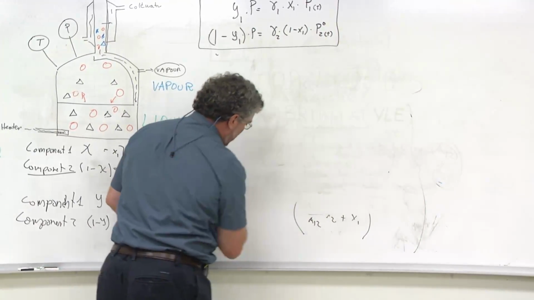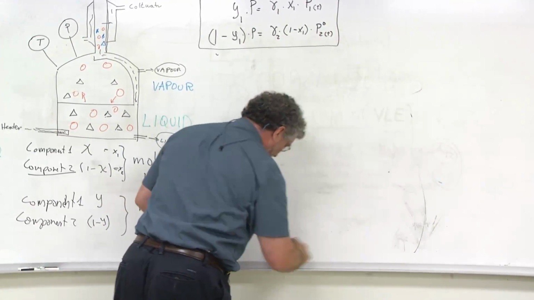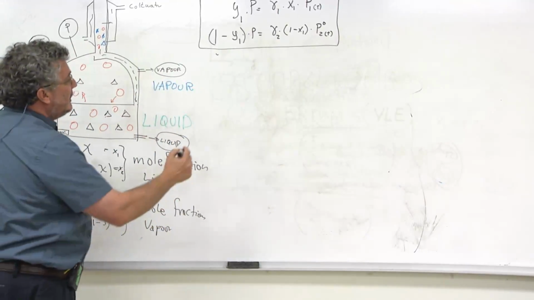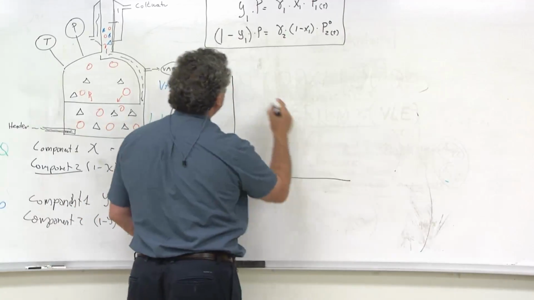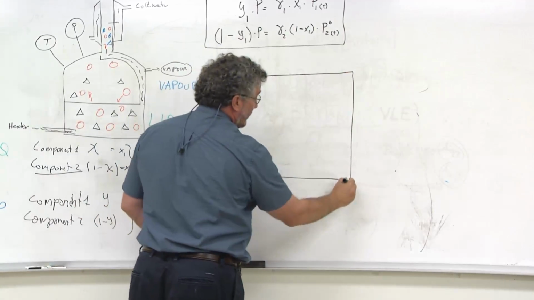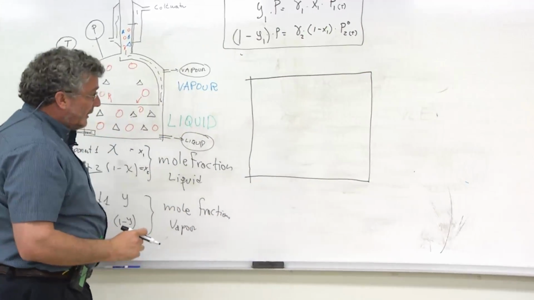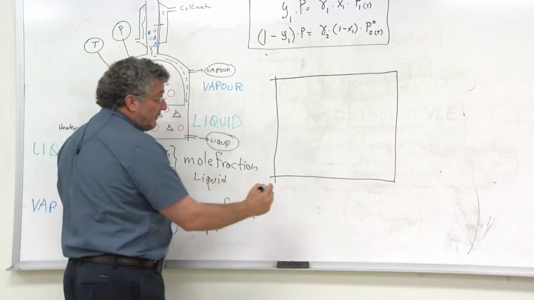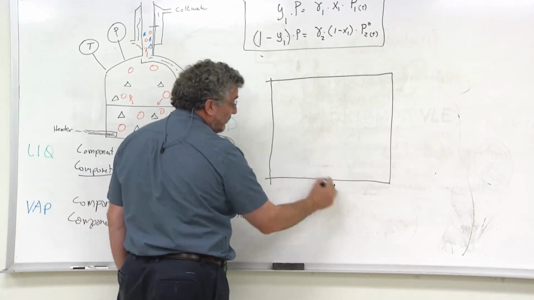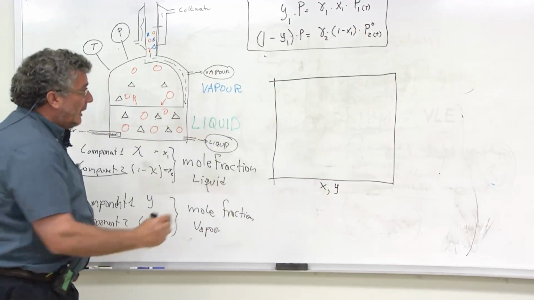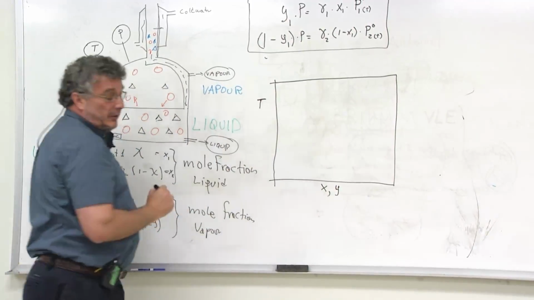The way, generically speaking, that this is going to happen is that you are going to plot in a diagram the values of the mole fraction of the liquid, the mole fraction of the vapor, and its corresponding temperatures.